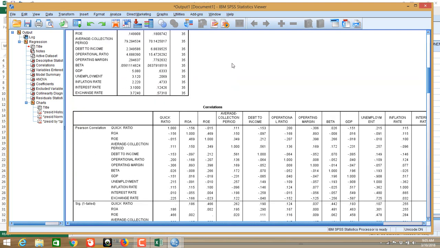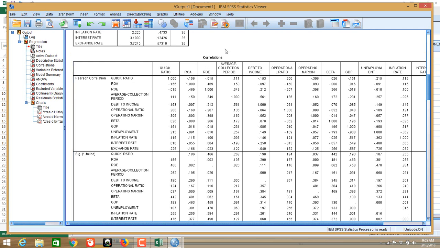Now let's look at the correlation. With correlation, you will explain how the independent variable is moving with your dependent variable. You're getting the idea? It means how your independent variable actually reacts to your dependent variable. So let's look at the first one. You see, ROA is negatively correlated, meaning when ROA decreases, the liquidity increases.